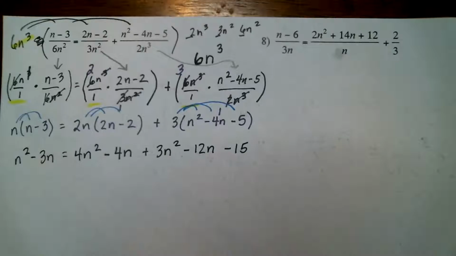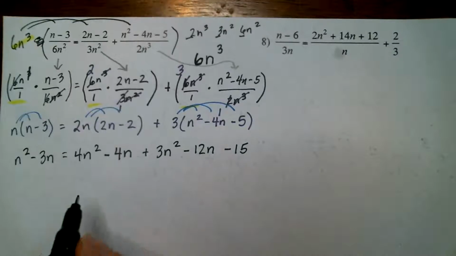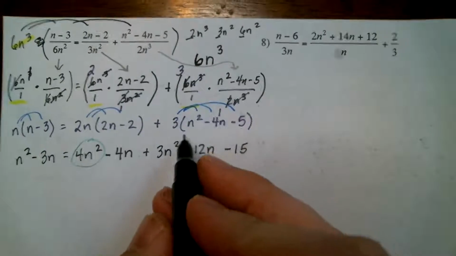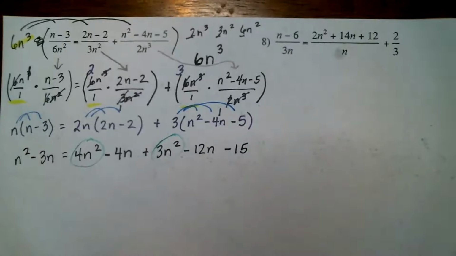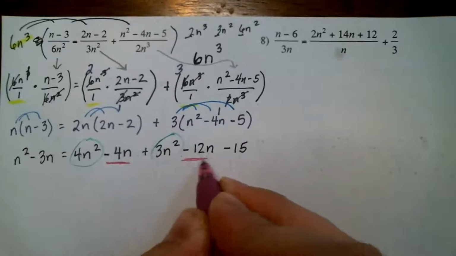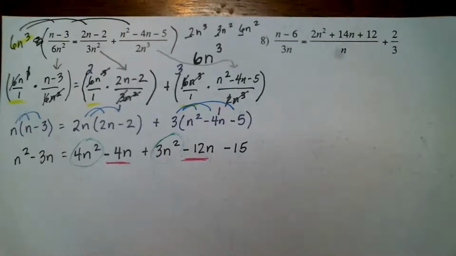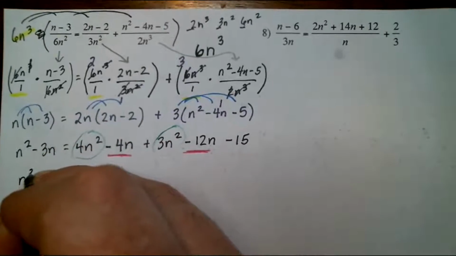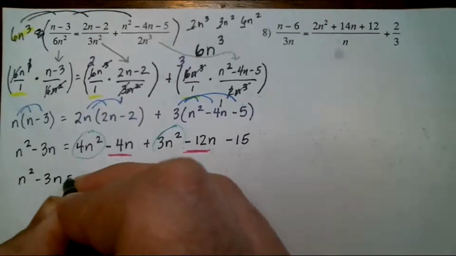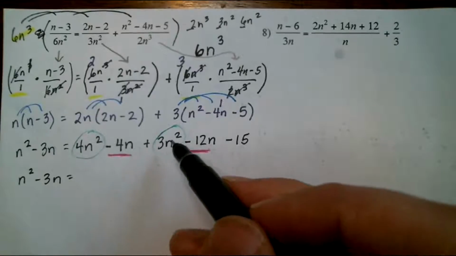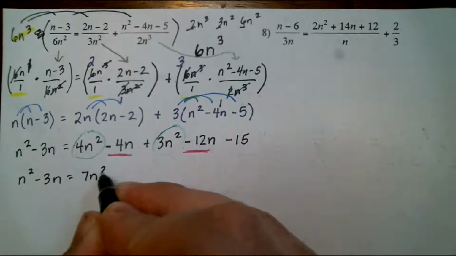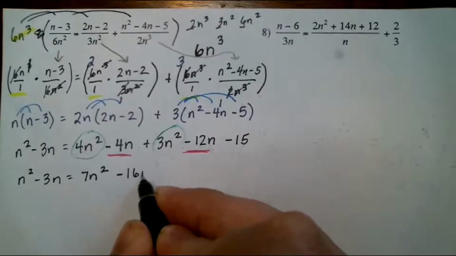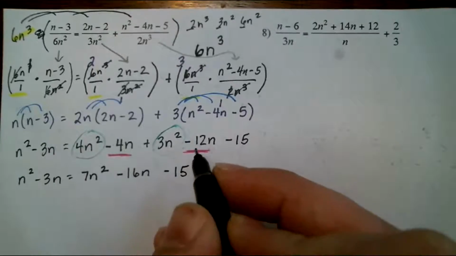Okay, so now we just need to combine all like terms. So I have this, I'll do the right side first. This 4n squared and that 3n squared. And then this negative 4n and this minus 12n. Then that gives me n squared minus 3n equals 4n squared plus 3n squared is 7n squared. Negative 4n minus 12n would be negative 16n minus 15.